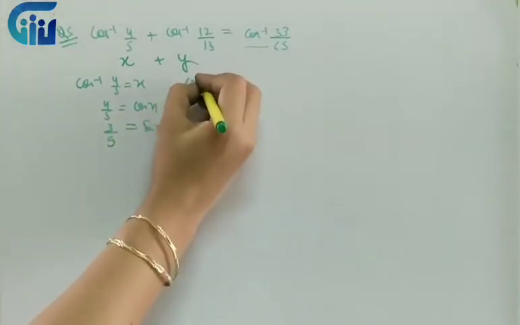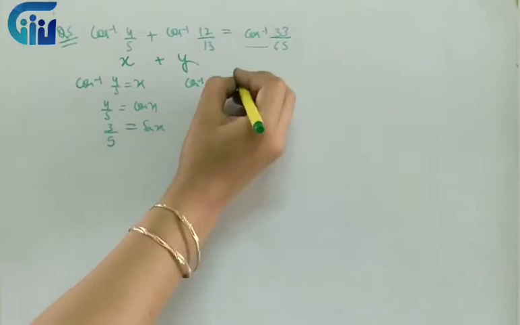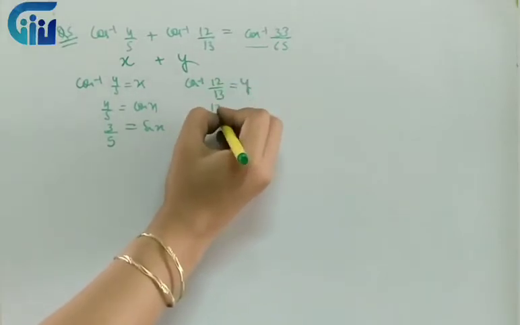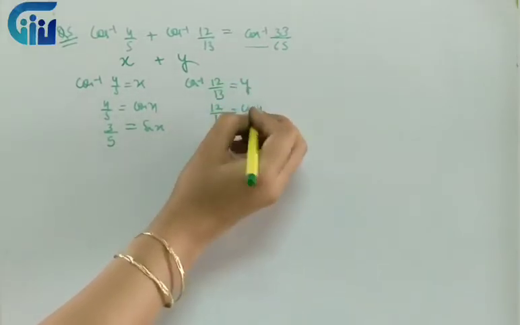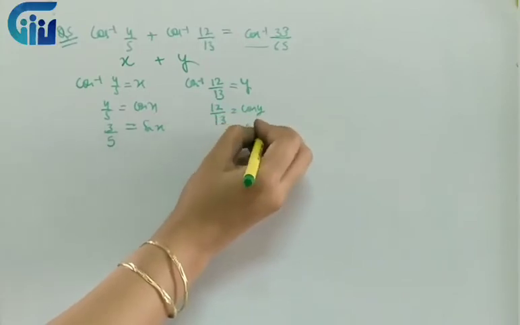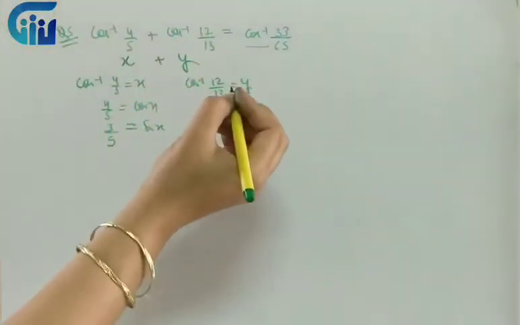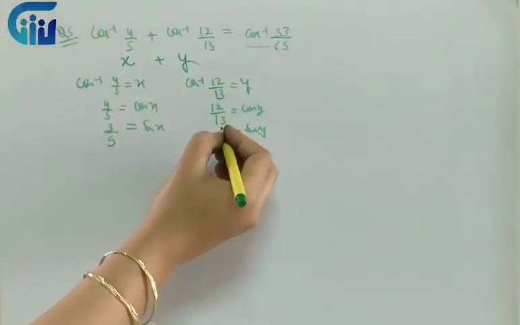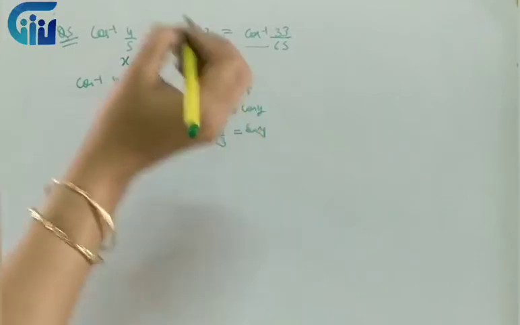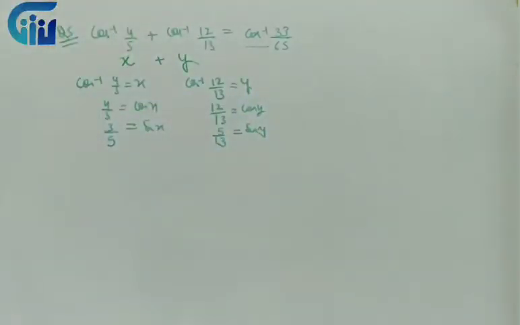Similarly, if cos inverse 12 by 13 is y, then 12 by 13 is cos y. Can I find sin y from here? Yes, my sin y will come out to be 5 by 13.